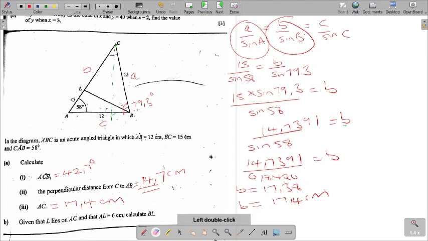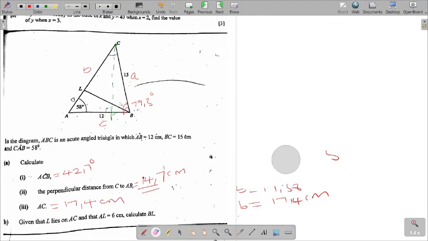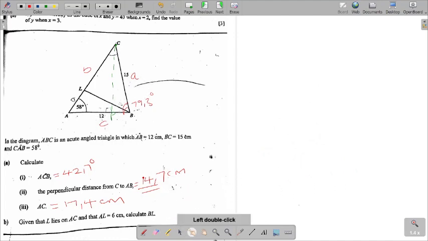And our last question is, given that L lies on AC and that AL is equal to 6 centimeters, calculate BL. So given that L, which is L here, lies on line AC, and that AL is 6 centimeters, calculate BL. So we have to find this side.